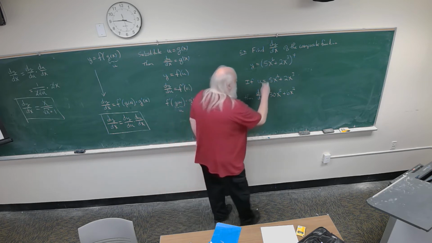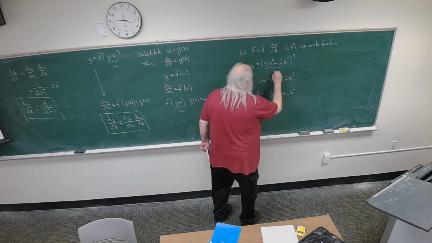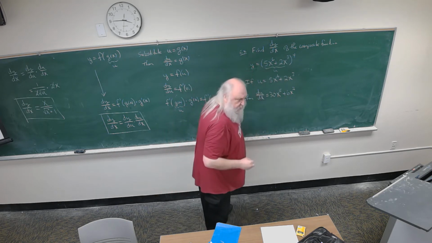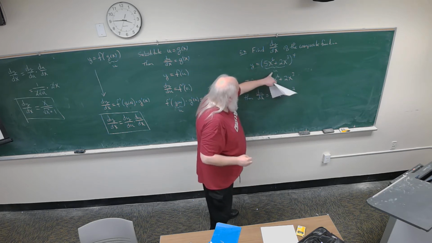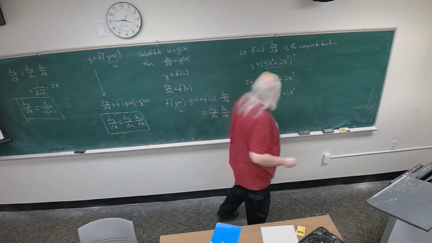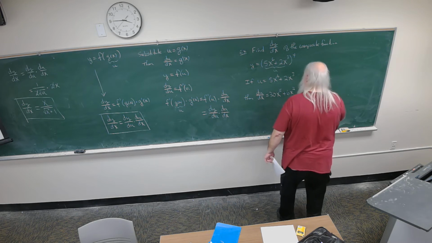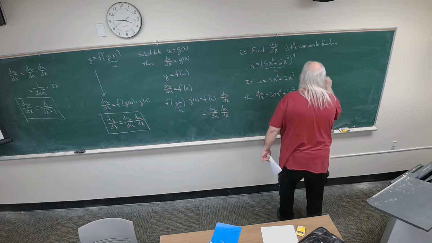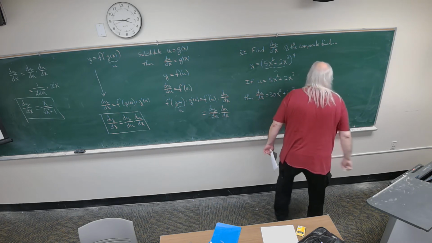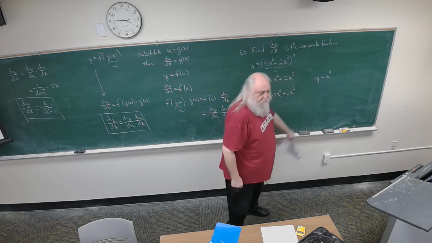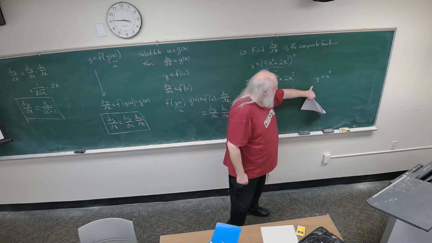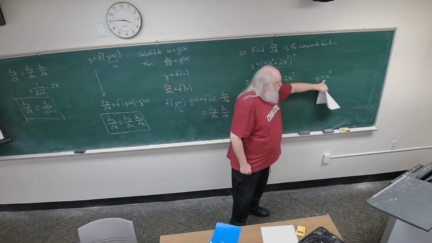Now since this is our inner function that was set equal to u, y is equal to u to the 4th, right? And if y is equal to u to the 4th, the derivative of y with respect to u is equal to 4u cubed, right?